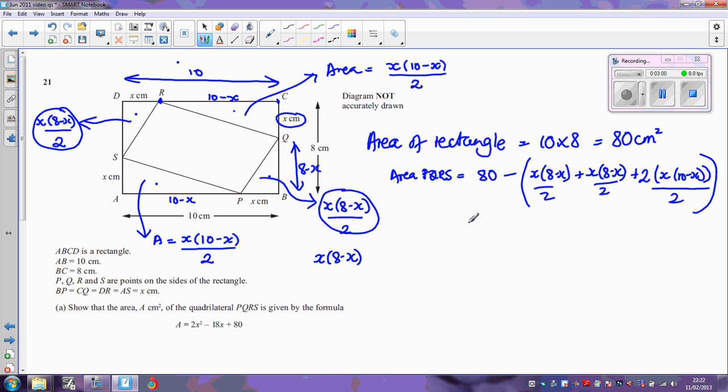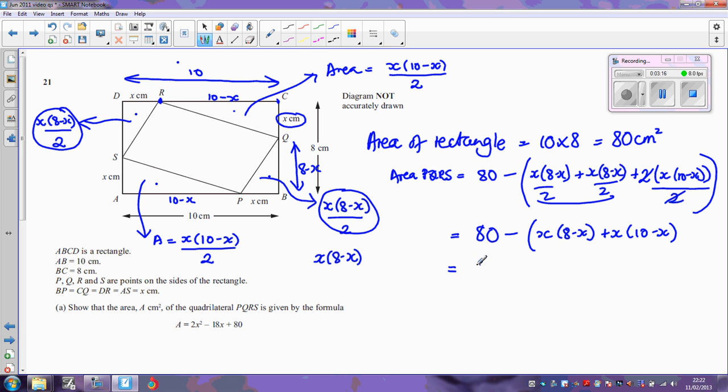So what's going to happen here is I'm going to end up doing 80 minus, now if I add these 2 together, obviously I've just got x times 8 minus x. And if I cancel the 2's here as well, I'm going to have x times 10 minus x.